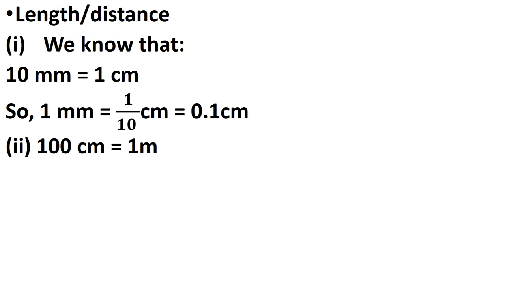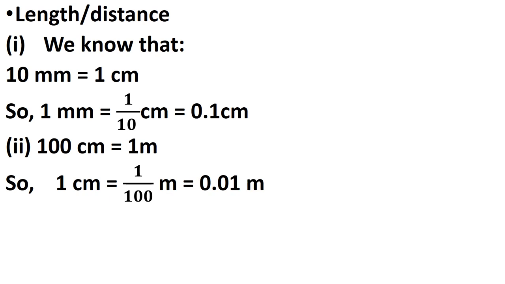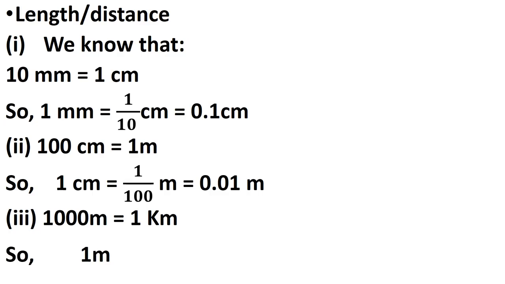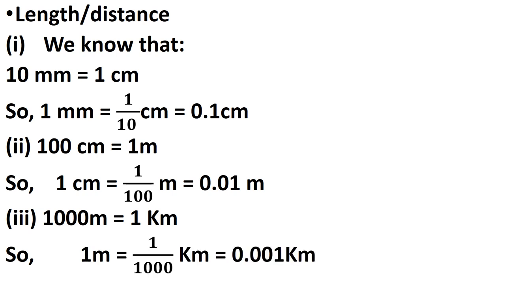Now centimeter is given and we are going to convert it into meter. So 1 centimeter equals 1 upon 100 meter, which is equal to 0.01 meter. 1000 meter equal 1 kilometer. So 1 meter equals 1 upon 1000 kilometer, which is equal to 0.001 kilometer.